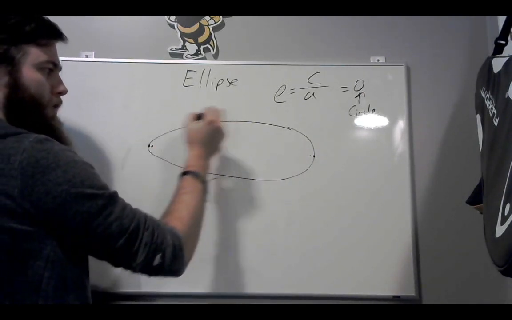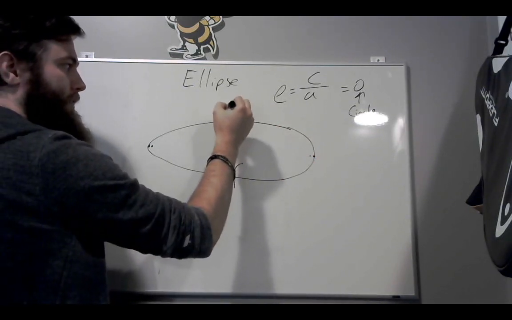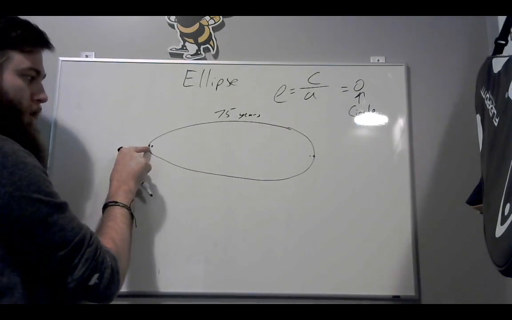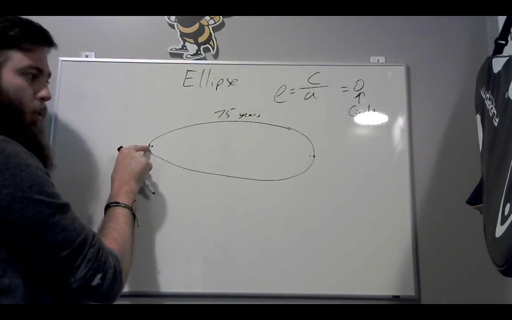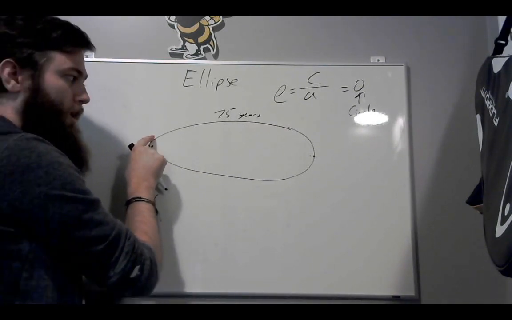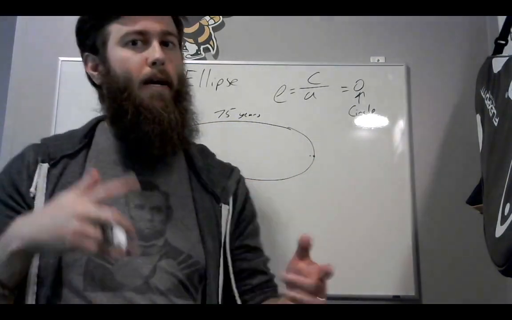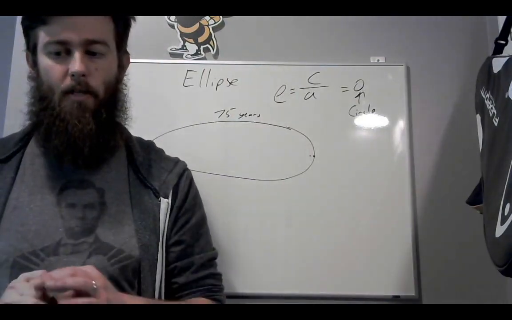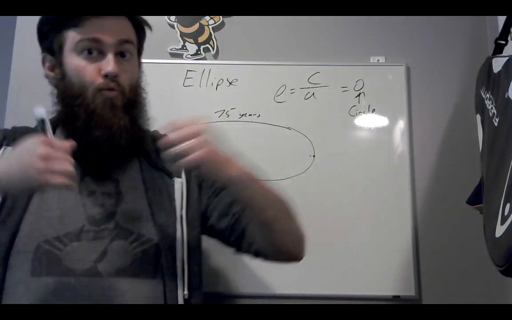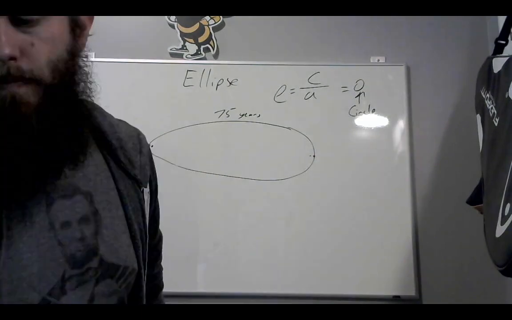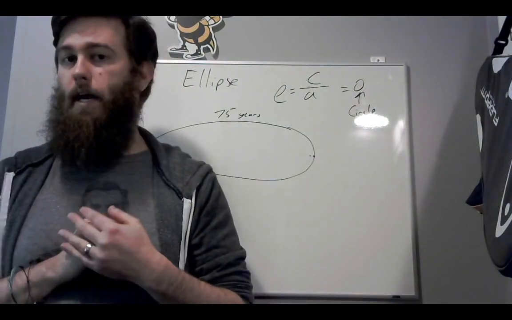And that's one of the reasons why it takes 75 years for us to see Halley's Comet, because we only get to see it right at this point when it's really, really close to us. The rest of the time, it's traveling all the way over here. So that's why it takes so long for it to come back around to us, because it's really far off center. All right. So that's all I have for you today.